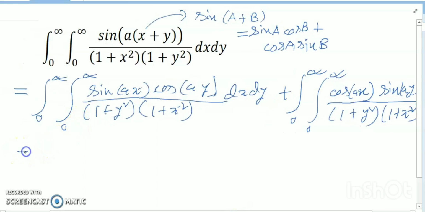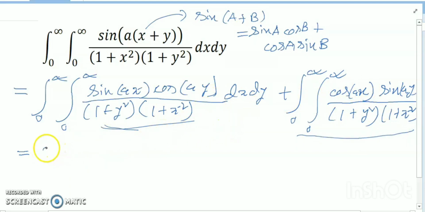Now apply symmetry to this portion. If you check, this portion and this portion are both equal, because of cos ax and cos ay, so apply symmetry.